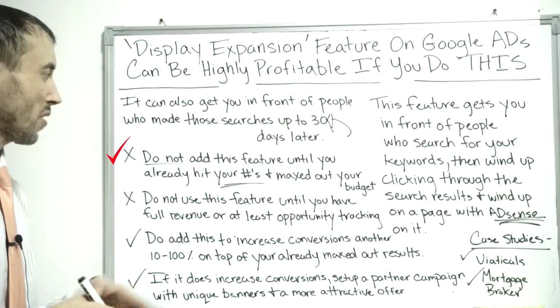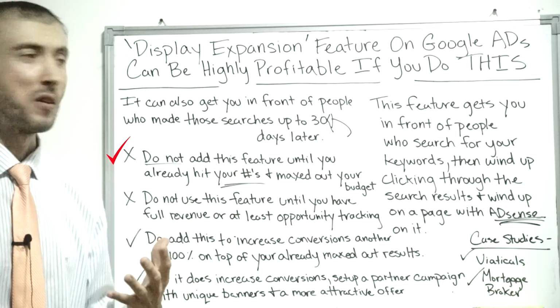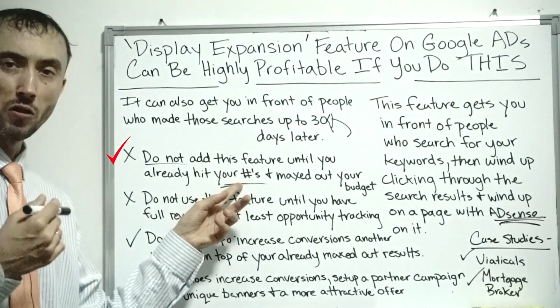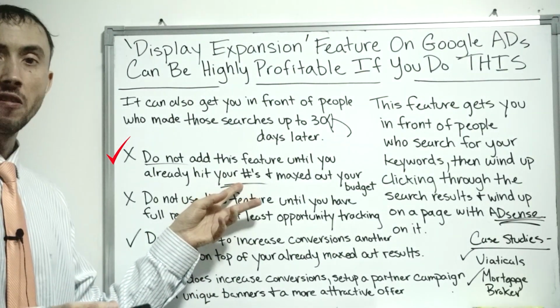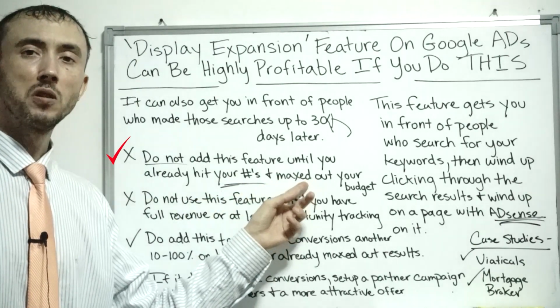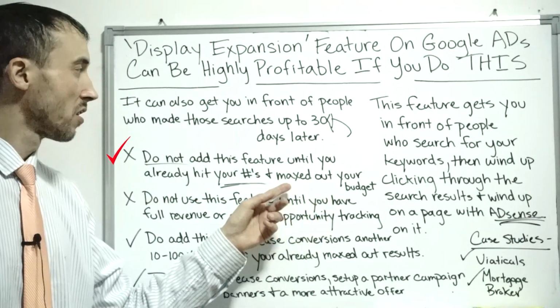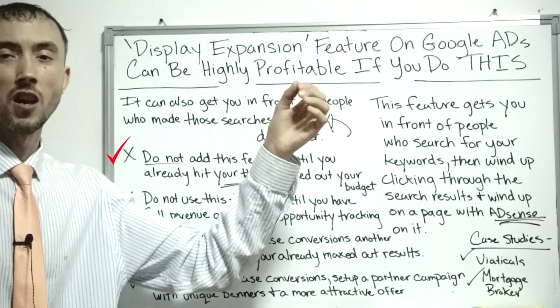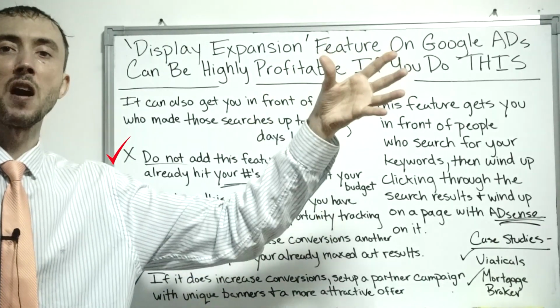So let's say your cost per customer needs to be $30 or less, and your search campaign is already there, but you're not able to get any more conversions and spend any more money on that campaign, because if you spend more, your cost per sale goes above $30.